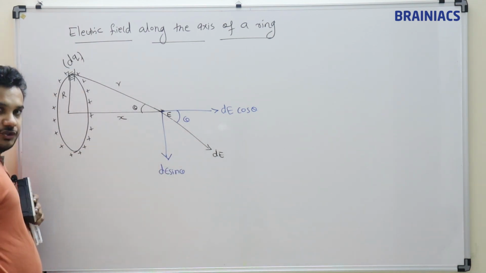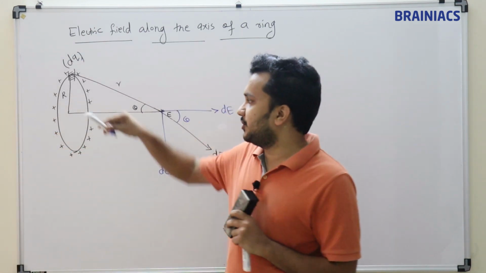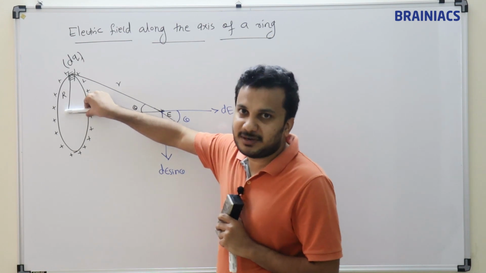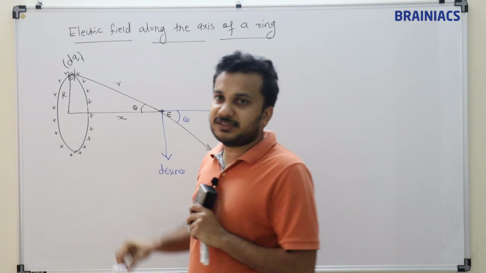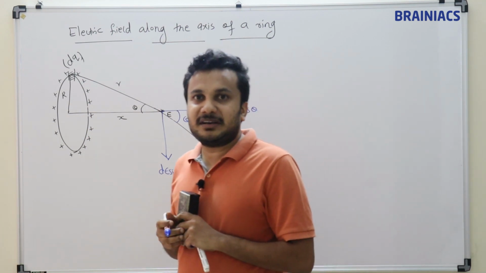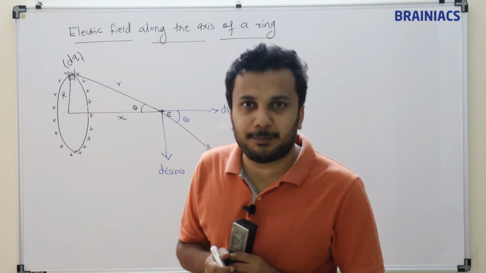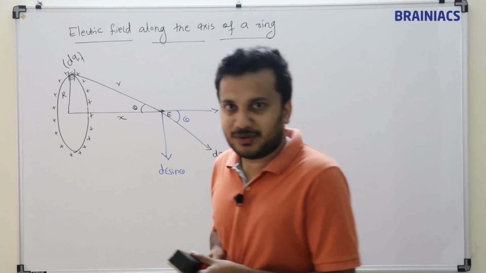Now my question to you: is this a symmetrical structure with respect to this axis? This is symmetrical, right? The top of this line and the bottom of this line are both equal. If there is symmetry, then some components of the electric field will cancel out, correct?